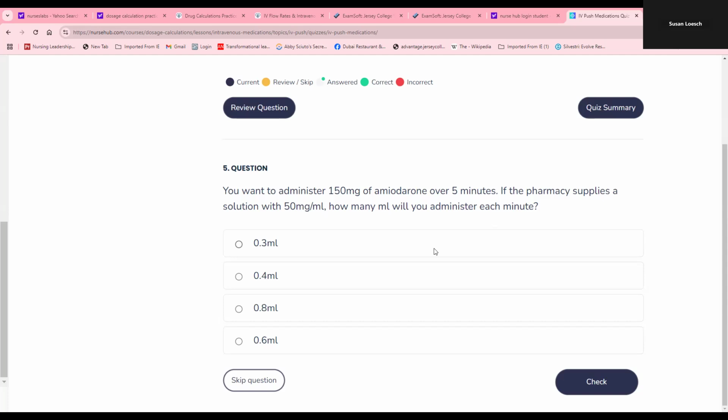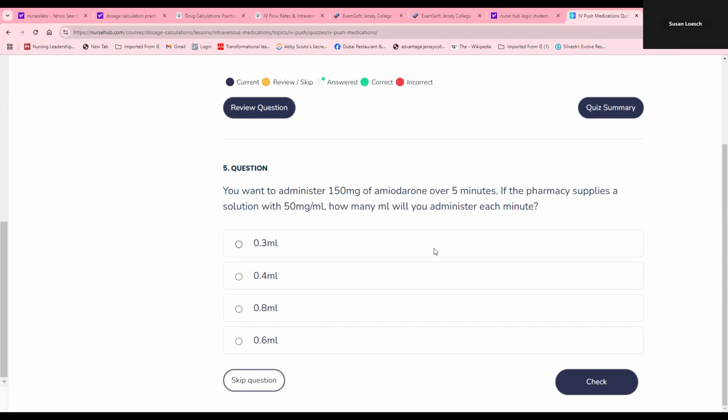Okay. Now, how many 30-second intervals are in 1 minute? 2. So now you can take your 0.6 and divide that by 2.